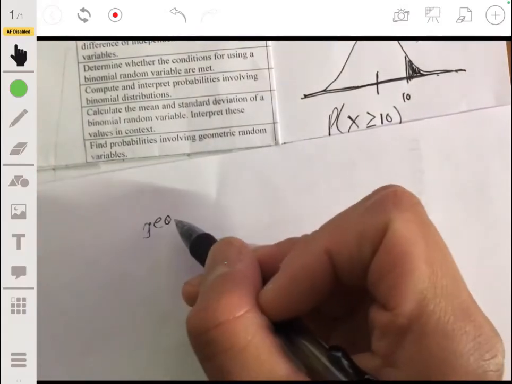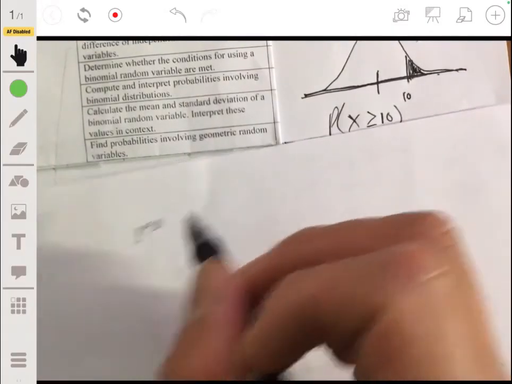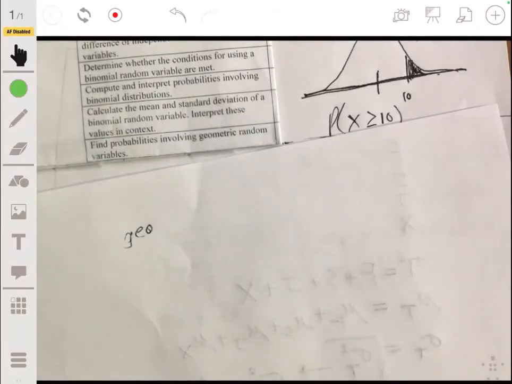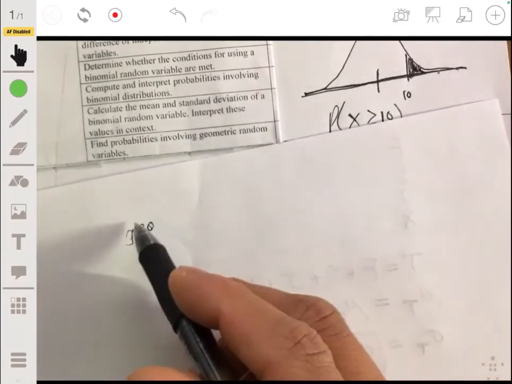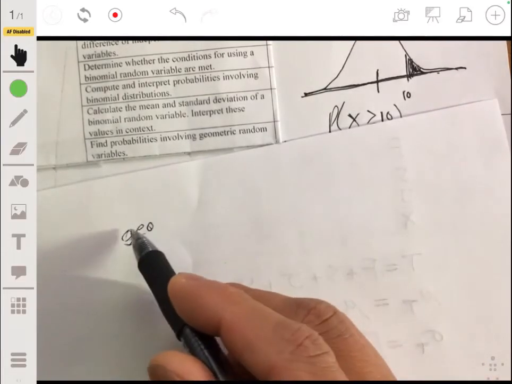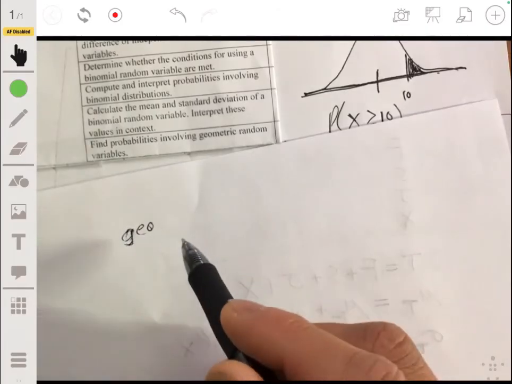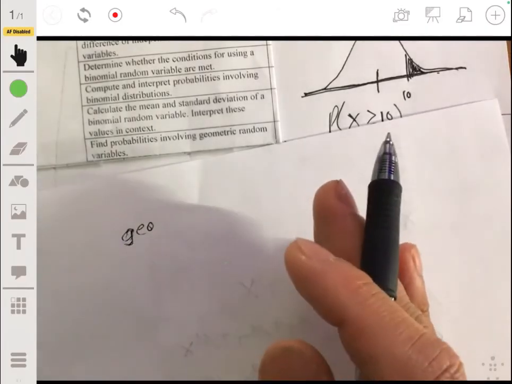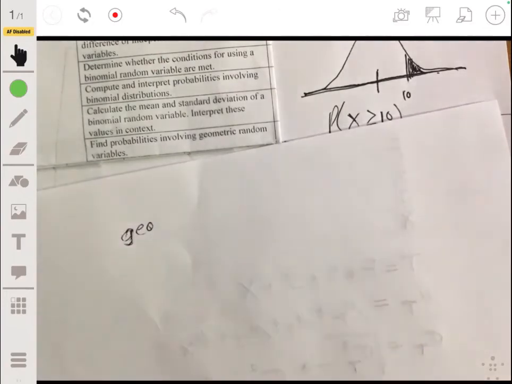In geometric random variables, what's going on here is that we're basically just waiting until we get one success. So it's still going to be that the event could be a success or not a success. You're still going to have the same chance of success on each trial, but you're just going until you get a success. So for example, I'm going to keep on shooting free throws until I make one.